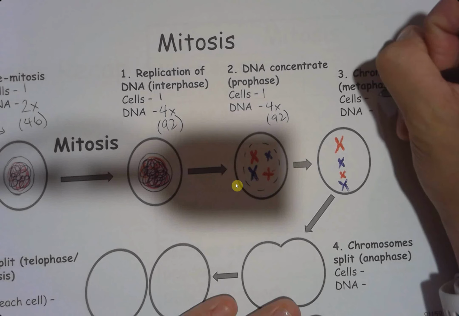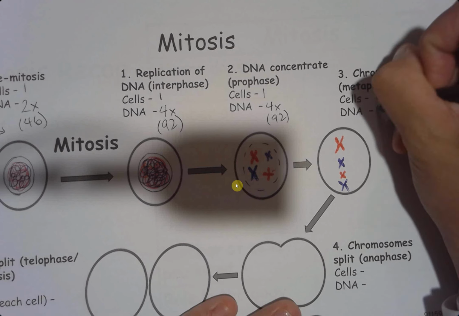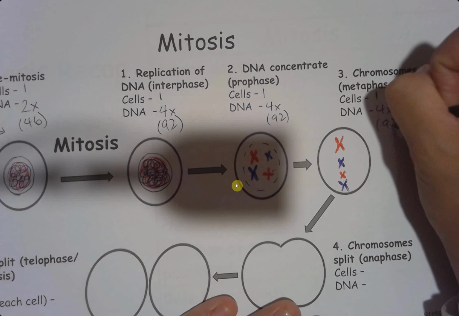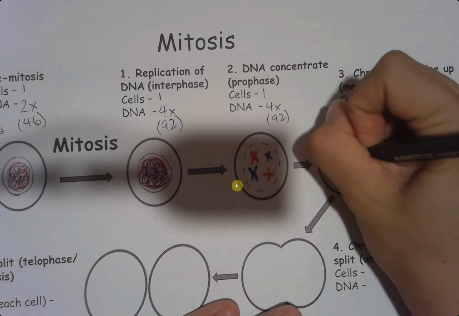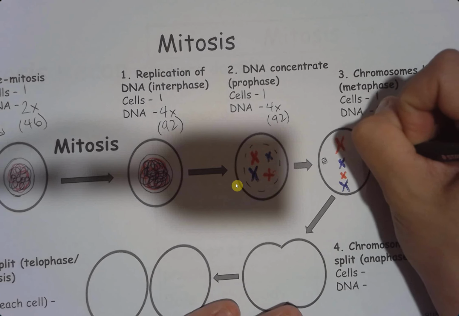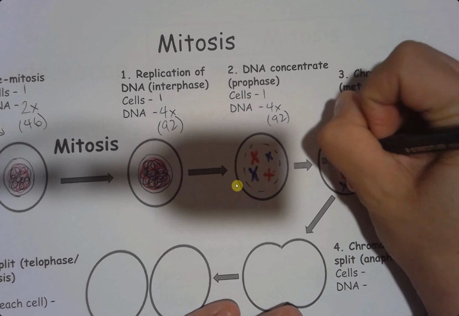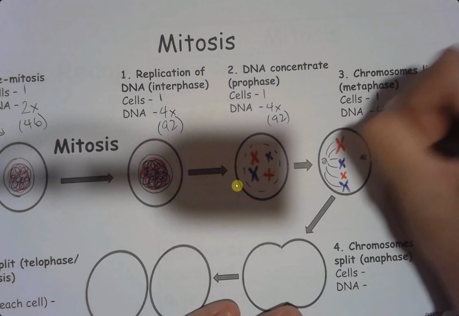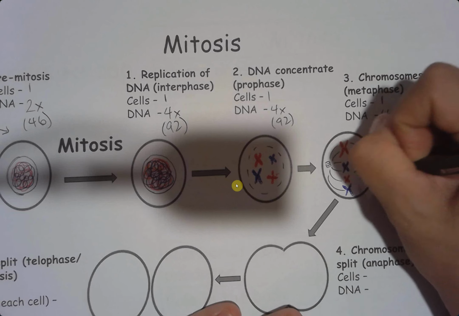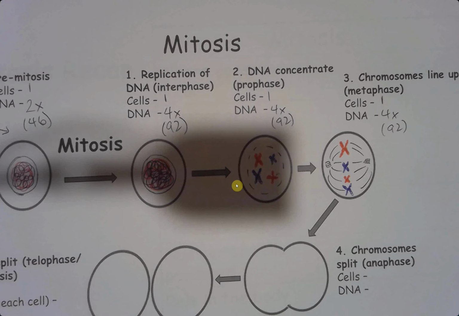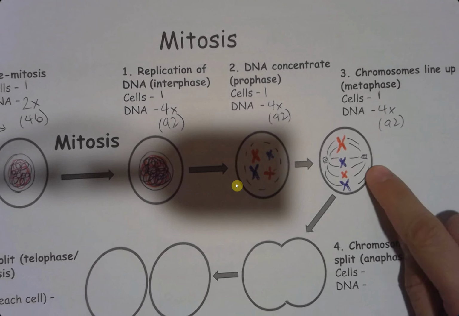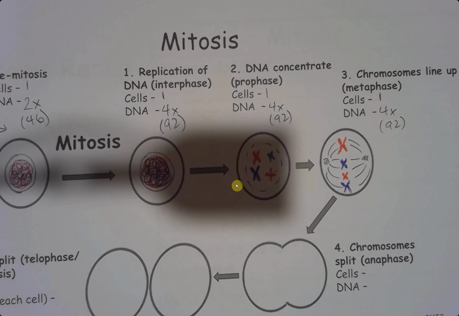So we have one cell, double the amount of chromosomes that a normal body cell would have. And these guys are able to move into the center because these little spindle fibers are basically shifting them around to move. I think those are called centrioles, the ones that make those fibers.